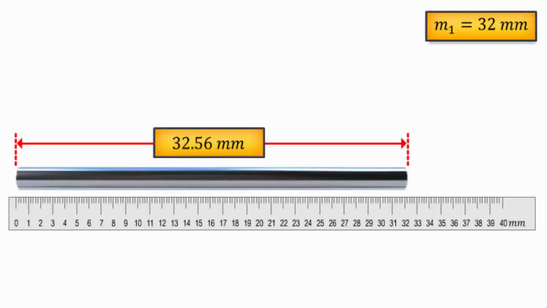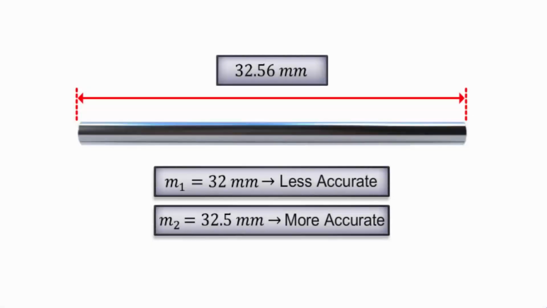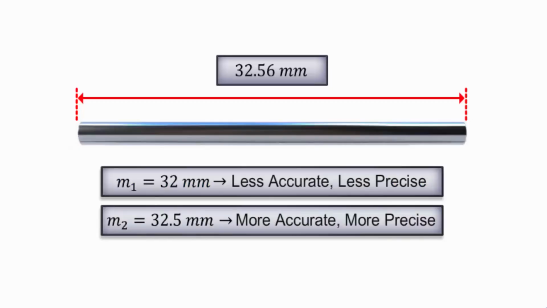Using the second instrument, with a resolution of 0.1 mm, we obtain the measured value as 32.5 mm. Let us call this M2. Here, M2 is more accurate as it is closer to the object's true value than M1. Also, M2 is more precise as the resolution of the instrument used is greater than that of the first one.